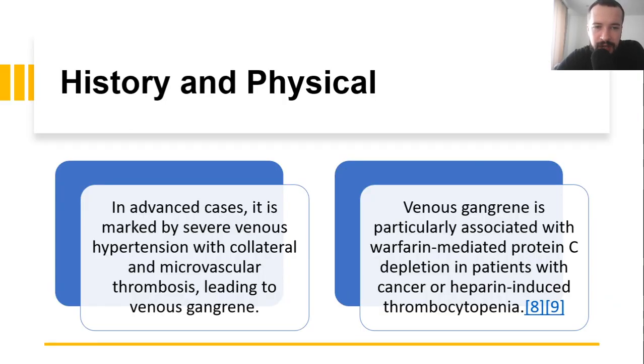In advanced cases, it is marked by severe venous hypertension with collateral and microvascular thrombosis leading to venous gangrene. Venous gangrene is particularly associated with warfarin-mediated protein C depletion in patients with cancer or heparin-induced thrombocytopenia.